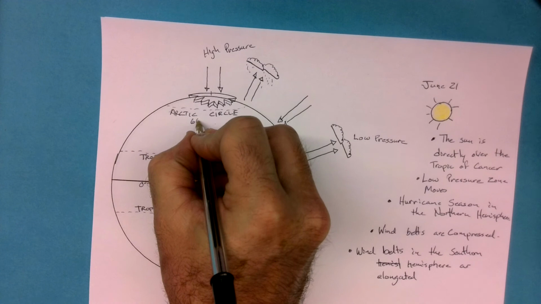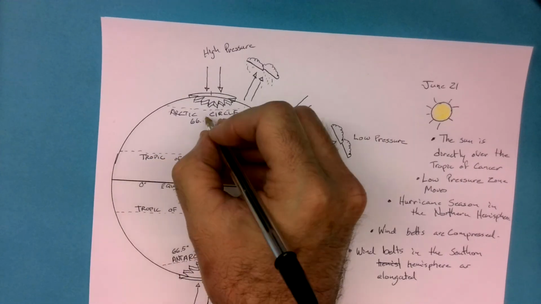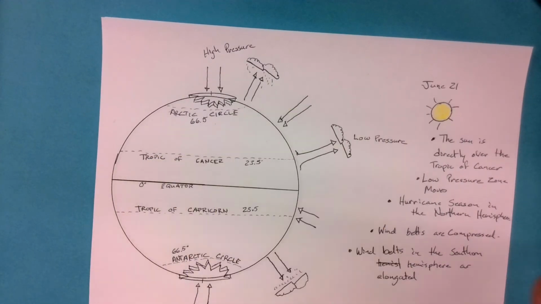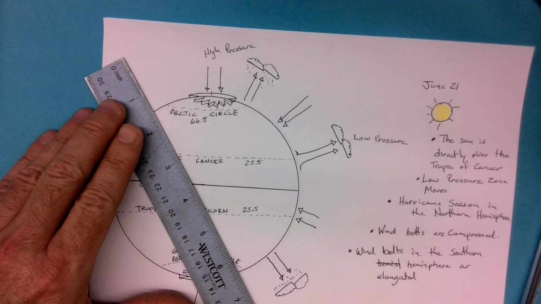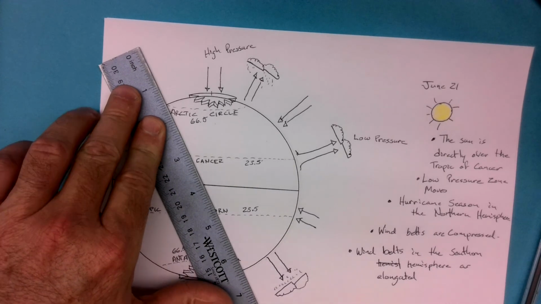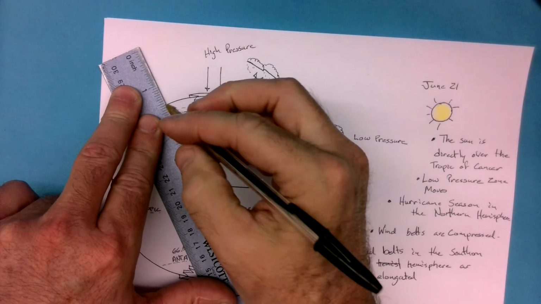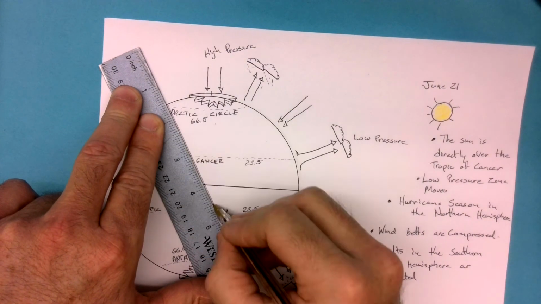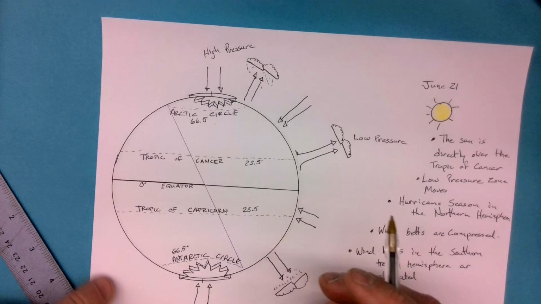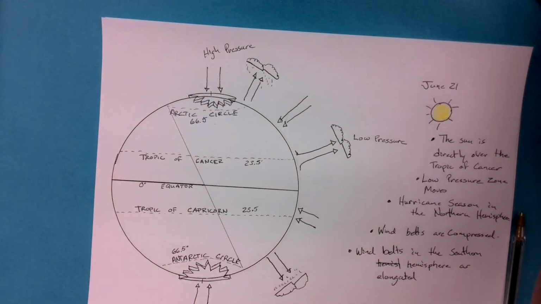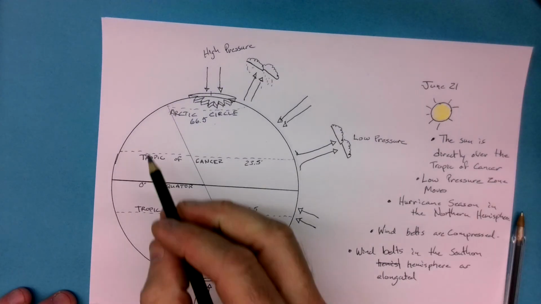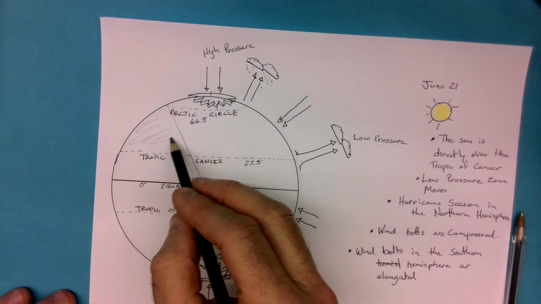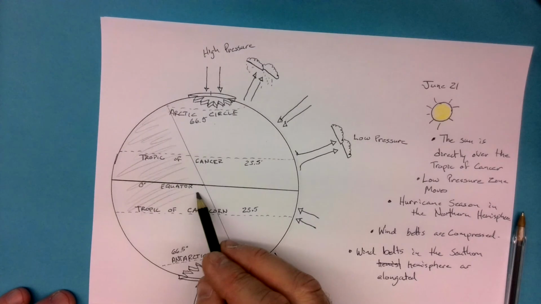Okay, now that's important because in the summertime in the Northern Hemisphere, you get this. I'll draw just a quick light line right through there. And on the back side, you're going to have darkness.